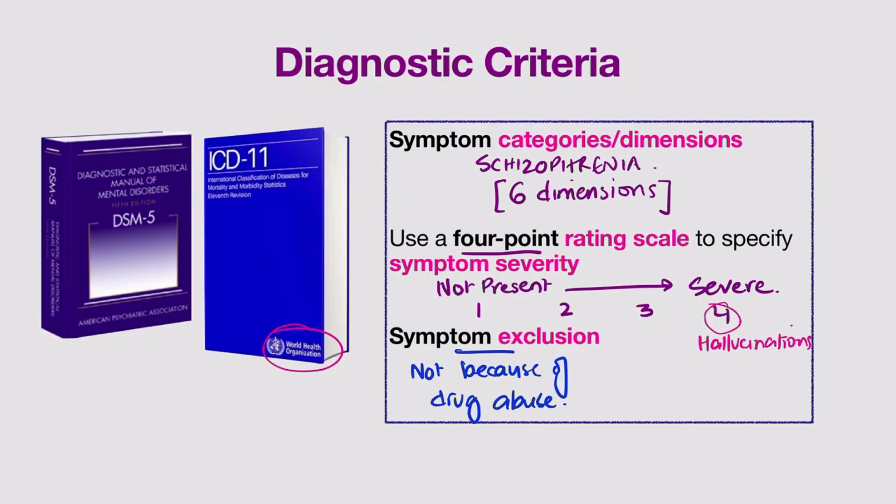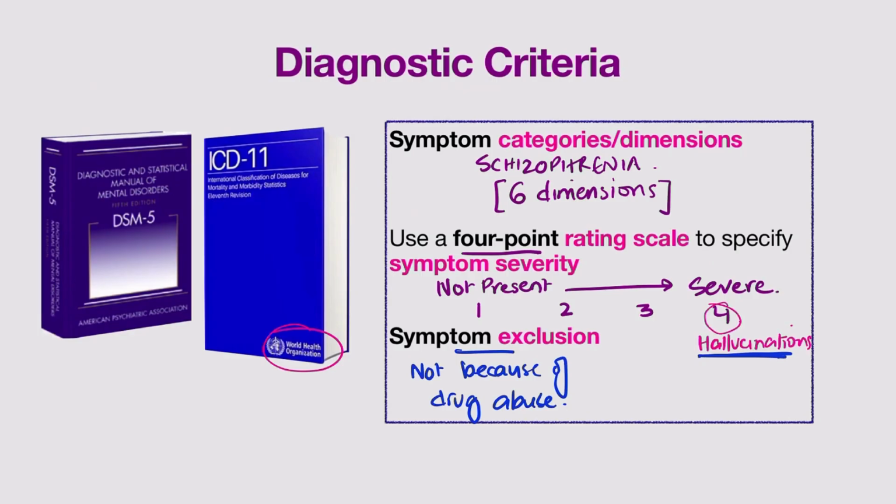The first thing is the clinician will rate across these 6 dimensions, for each of the dimensions, which symptom is how severe or not present, and also during this must ensure that if a symptom is present, it is actually not for any other reason such as drug abuse or other medication, for example.